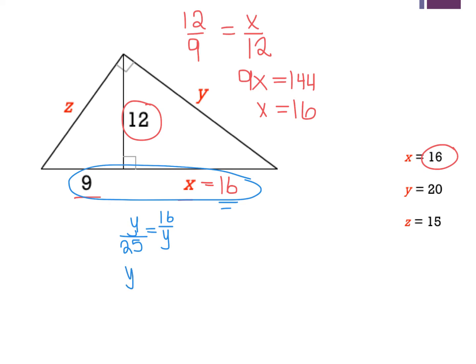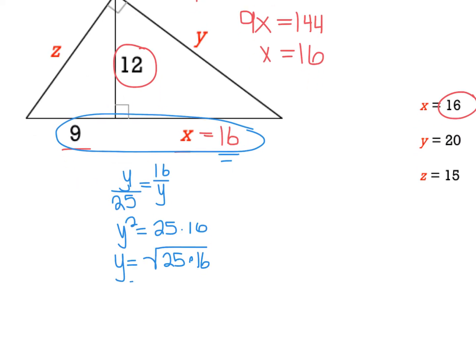So y squared is going to equal 25 times 16. Now I'm not going to multiply them together because I see that they're both perfect squares. So when I square root these, I'm going to have the square root of 25 times the square root of 16. I could do this with multiplication, not addition. Some of you do this with addition. That's just wrong. So y is going to equal 20.